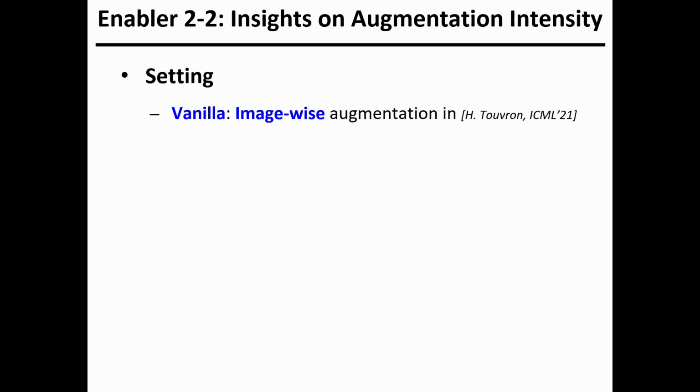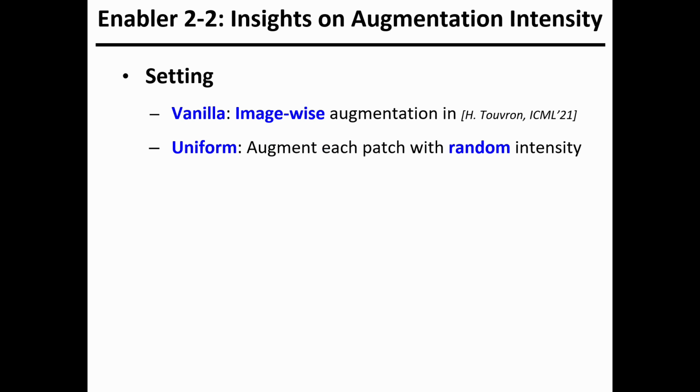And the second question is, what is the relationship between the augmentation intensity and the attention score? To this end, we also do a simple experiment on the relation. First, we use the following settings. The vanilla is the image-wise augmentation proposed in a SOTA vision transformer-based augmentation. And uniform means that we randomly augment each patch.